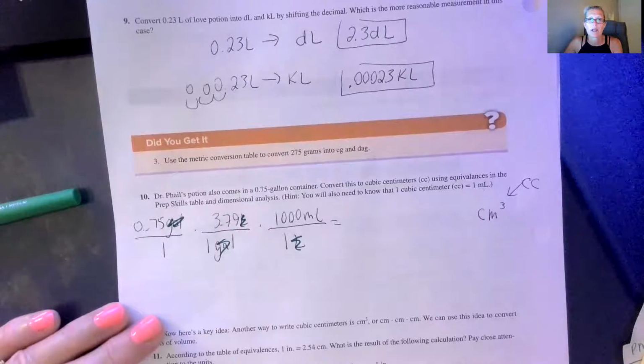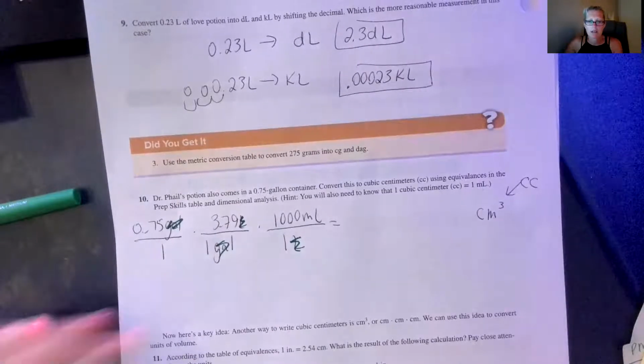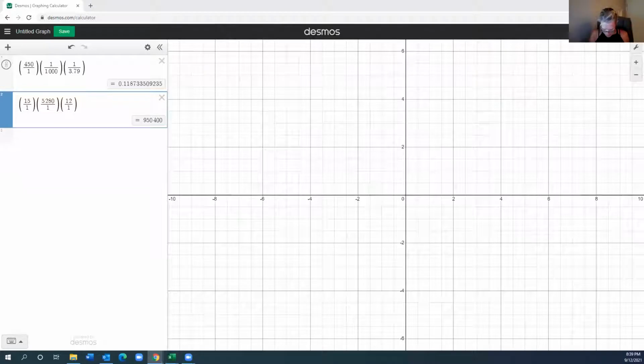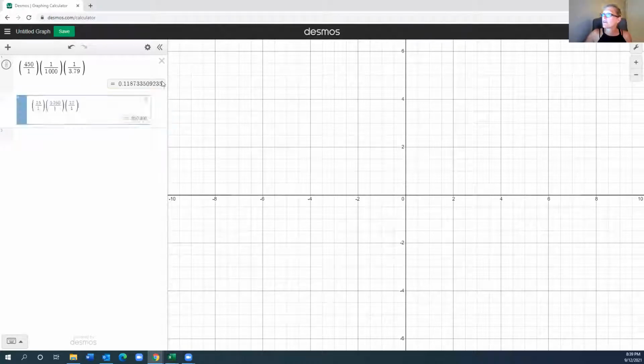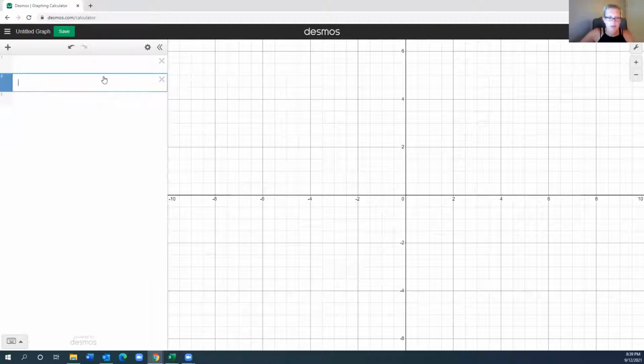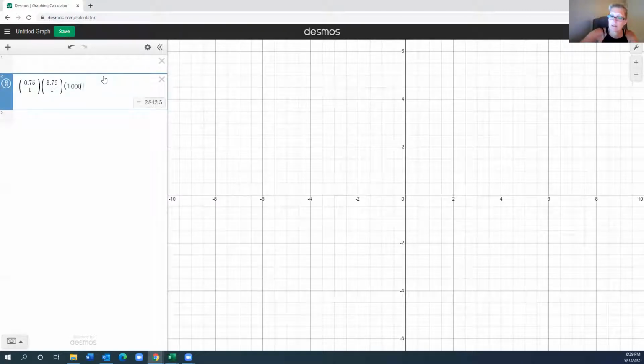I'm going to share my Desmos screen. And so my Desmos screen here is parentheses 0.75 divided by 1, and then 3.79 divided by 1, and then 1,000 divided by 1.